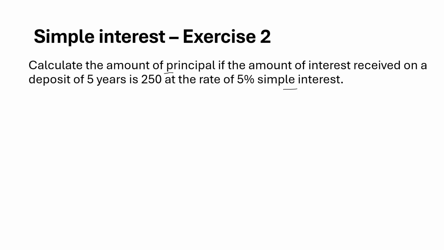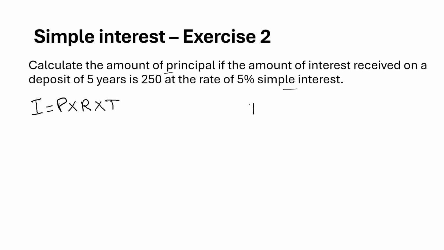So what is the first step I told you? First we will write the formula. The formula for the simple interest is I is equal to P multiply by R multiply by T. Now what I told you, we will just substitute, write the amount that is available.